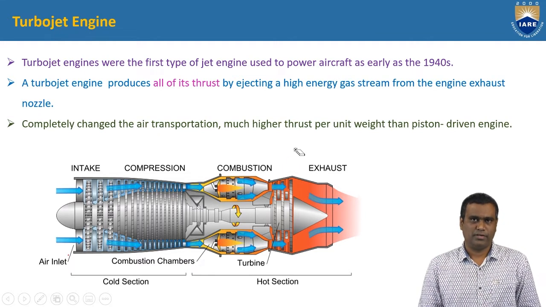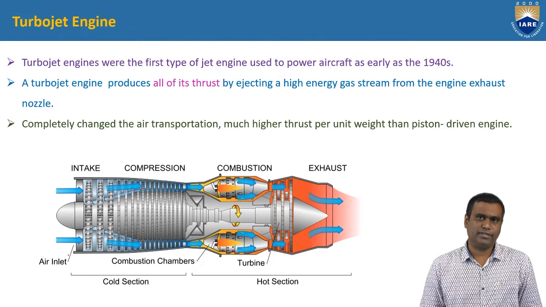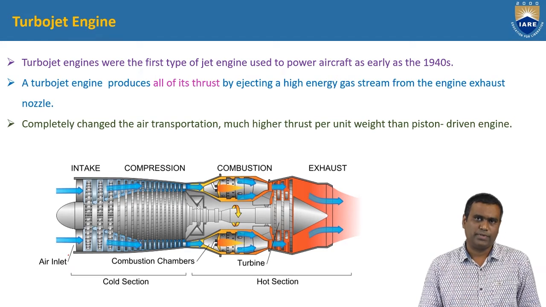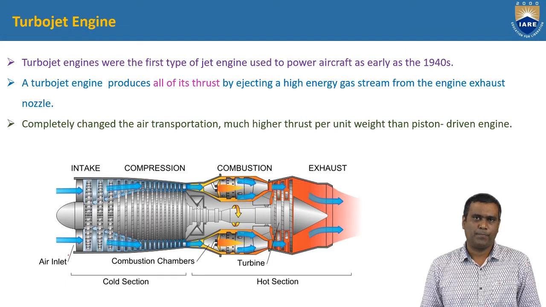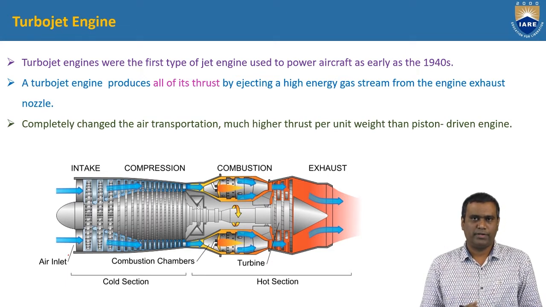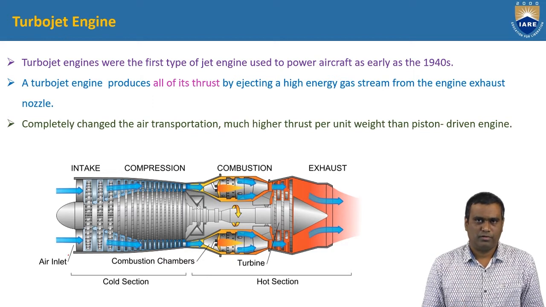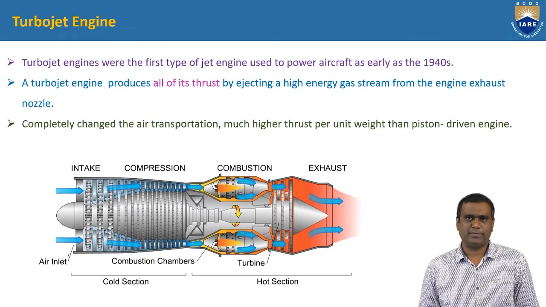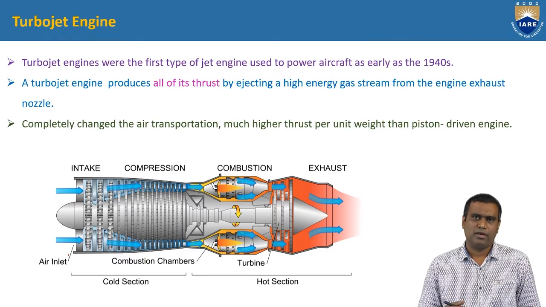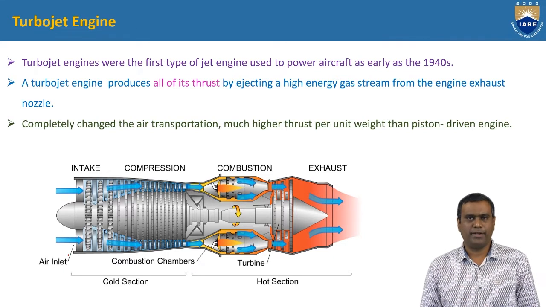Air enters the engine through the inlet, and the air is compressed to approximately 3 to 12 times its original pressure by the compressor. Then it is directed to the combustion chambers, where the fuel is added and combustion takes place. Through the combustion process, temperature rises and energy is added to the combustion exhaust, and this exhaust passes through the turbine.